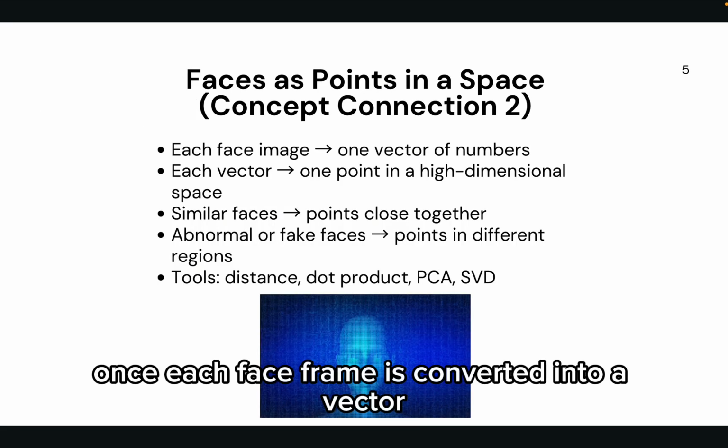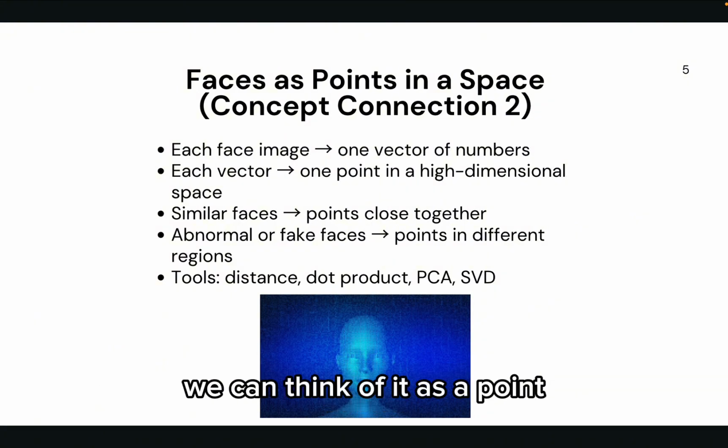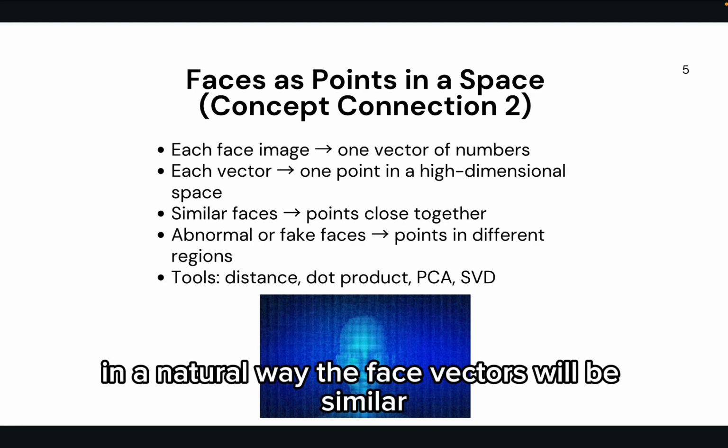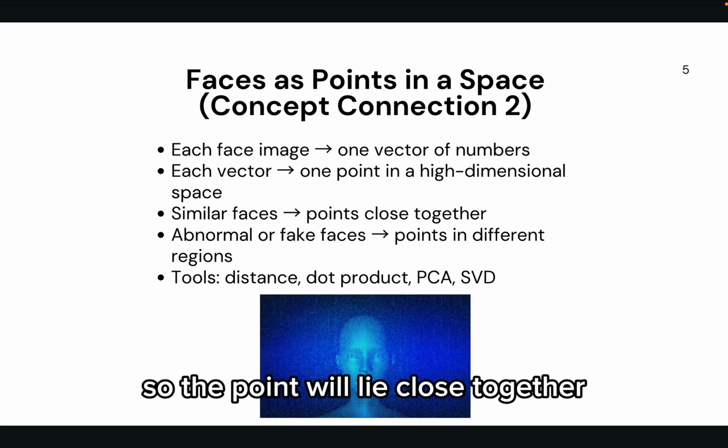Once each face frame is converted into a vector, we can think of it as a point in a high-dimensional space. If two videos show the same real person in a natural way, their face vectors will be similar, so the points will lie close together.